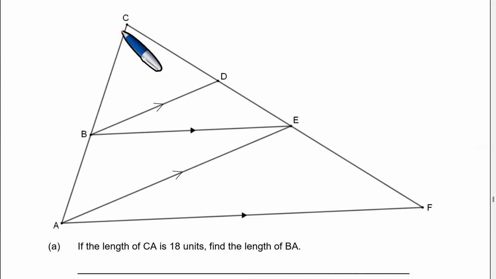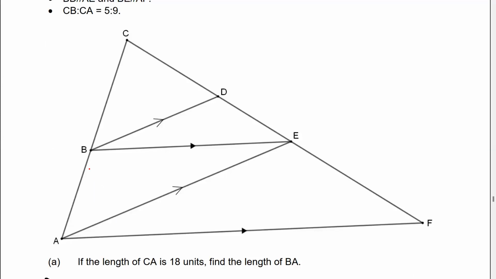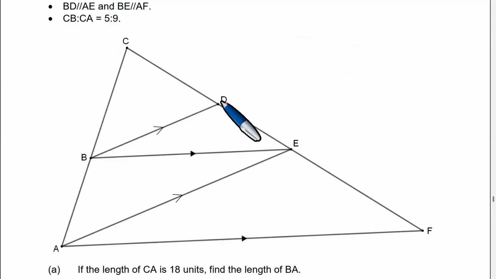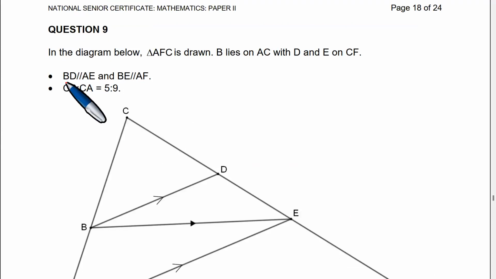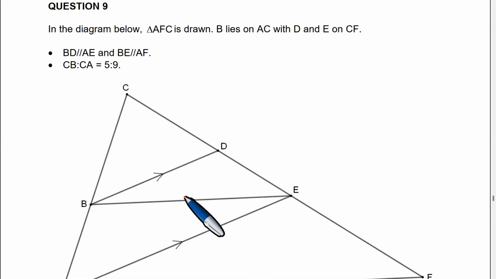B lies on AC, with D and E on CF. BD is parallel to AE. Okay, it has been given that way.